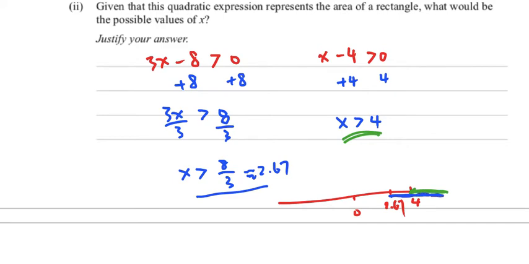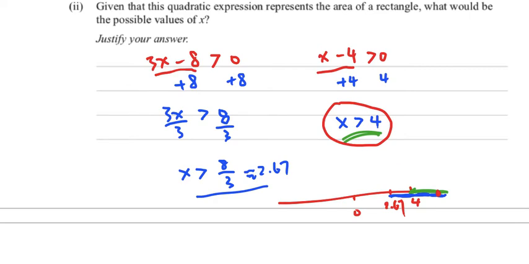Which one actually can satisfy both? We have to satisfy both, right? So that's this one. This one, x bigger than 4, satisfies both. Which means when x is bigger than 4, for example, this value, both expressions give you precisely bigger than 0, right?